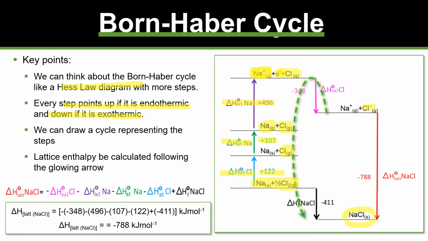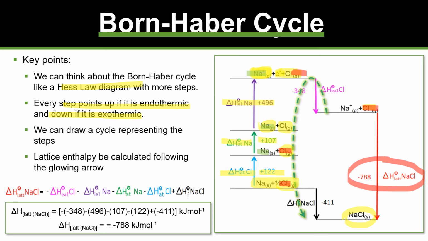Be sure that you change only one thing at a time. In this case, we change first the chlorine, then the sodium, then again the sodium, and then the chlorine into the chloride ions.